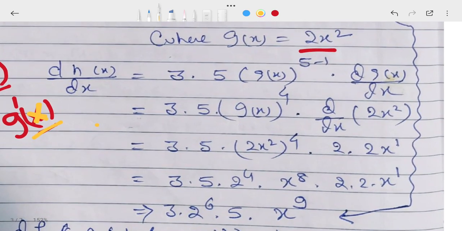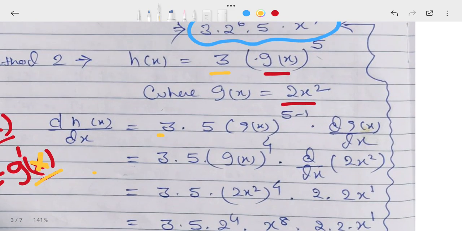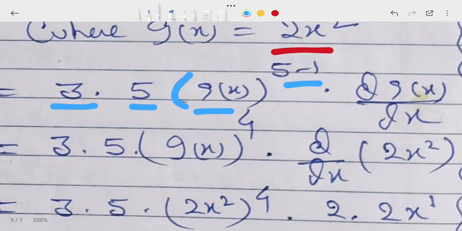Now see here, at first I have written this 3 here. Now this 5x^(5-1). So I am treating this as x, and I am differentiating it as n x^(n-1).